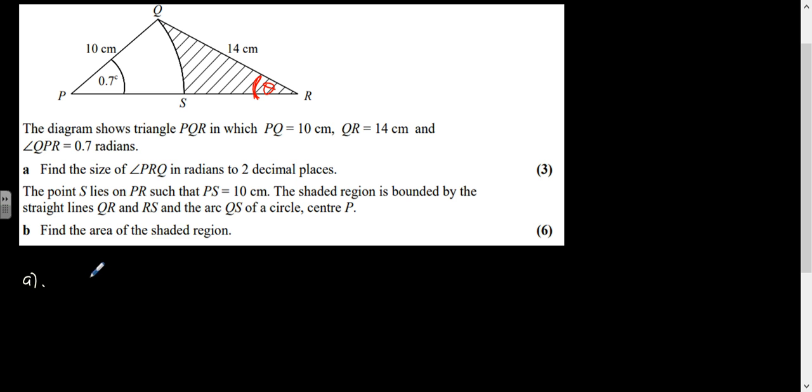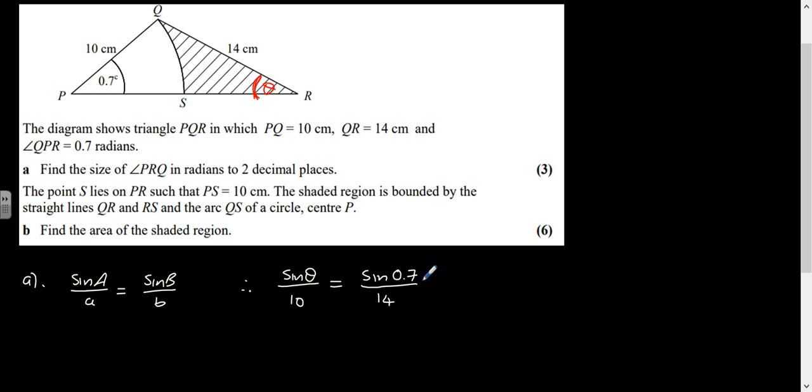So we use the sine rule where we're trying to find an angle. So we use sine A over A equals sine B over B. We only need those two aspects. And then we're just going to fill in the information from our question. So we'll say sine theta, the one we're trying to work out, divided by 10, directly opposite theta, is equal to sine B over B. So we've got sine of 0.7 radians divided by 14.